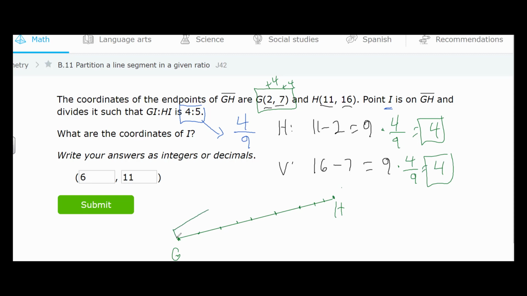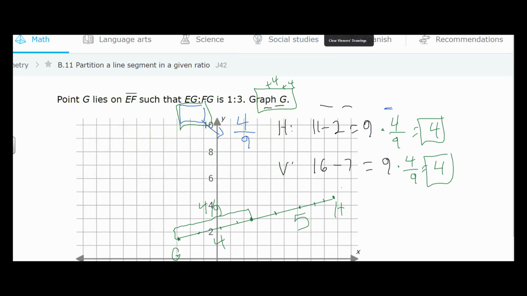Let's say it's equal. The point that's 4, so 1, 2, 3, 4, this point right here is 4/9 of the way from the initial point. Or I could say that this segment represents 4 parts and this is 5 parts, which is what this ratio is saying. Assuming I did the math correctly, this is our answer, and then you're done.